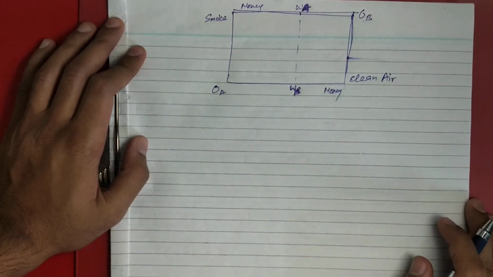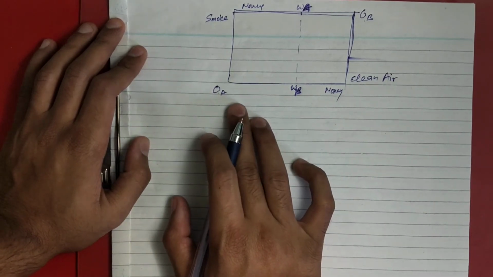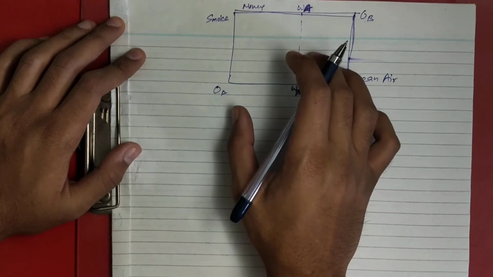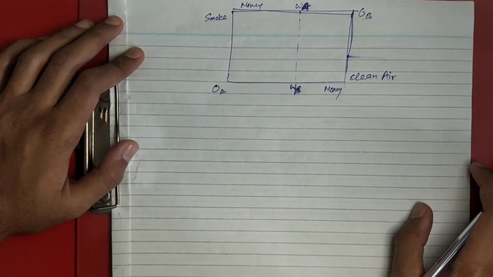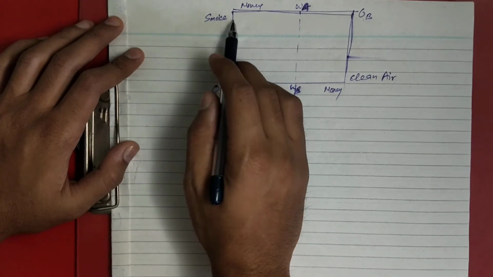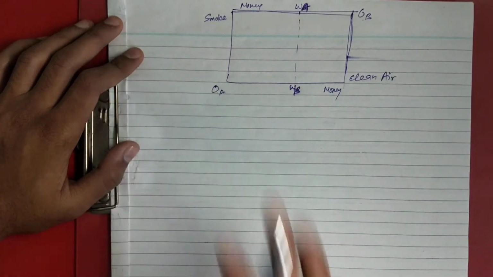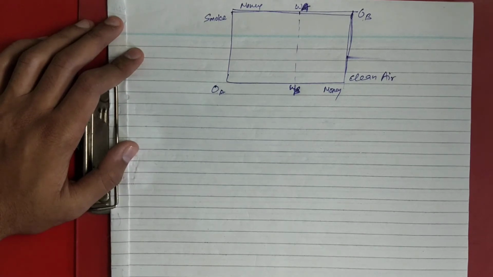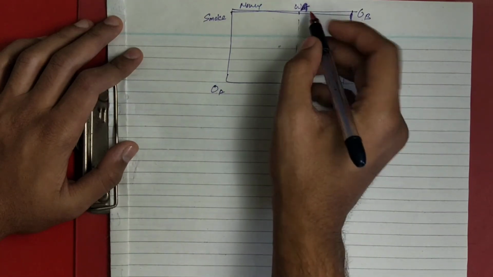Because if the property rights are with A, it means he will do whatever he wants in the house. So what will he do the most? He will maximize the smoke and he won't take any clean air, right? Because the property rights are with A. And since money is constant, this will be in between, so it will be equal.